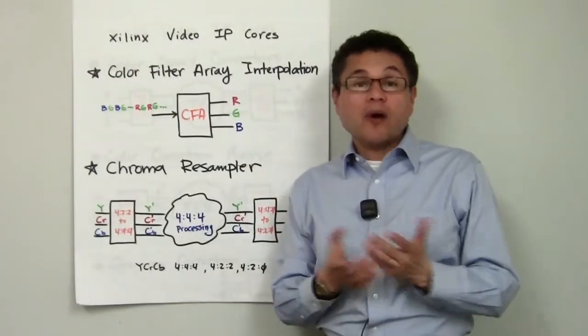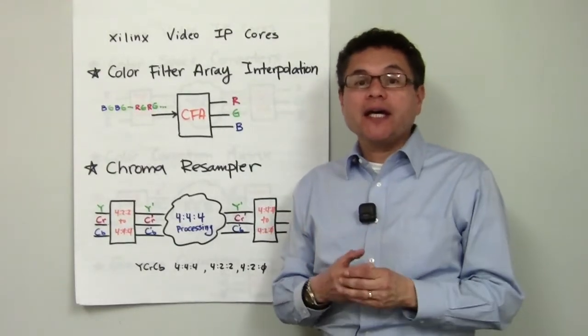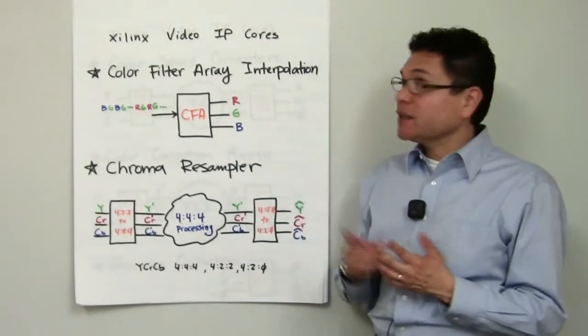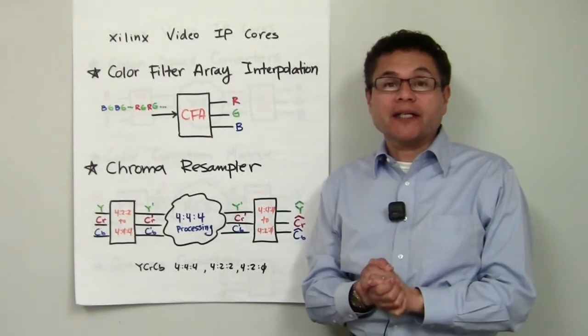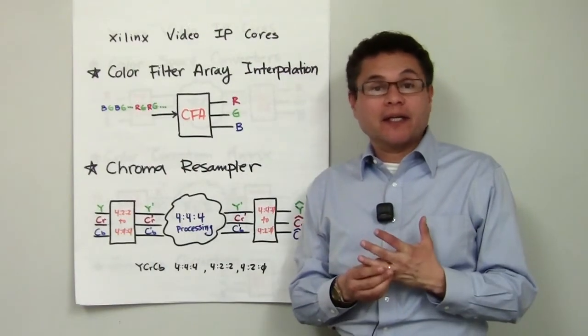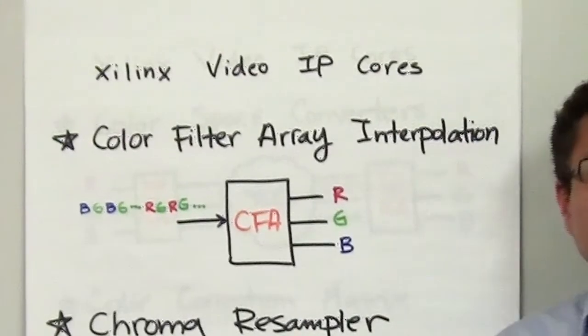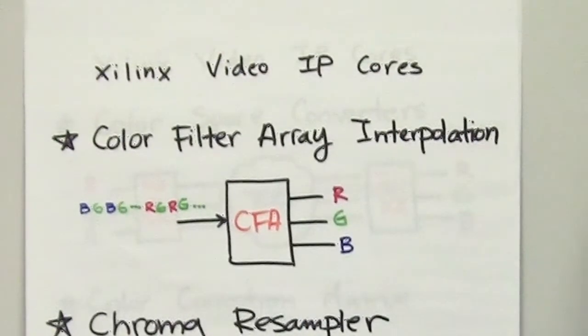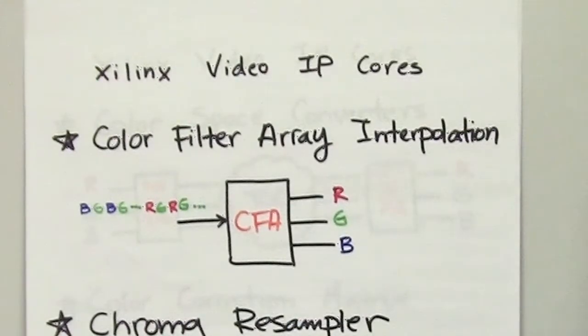Following our discussion of why FPGAs are an excellent solution for processing images in various formats, let's continue with examining some of the video IP cores that Xilinx has in its portfolio. There's a color filter array interpolation core that essentially converts RGB data subsampled in the Bayer domain to RGB triplets.